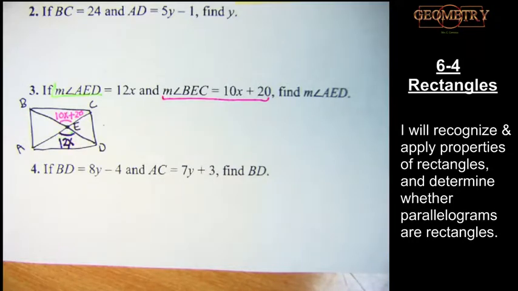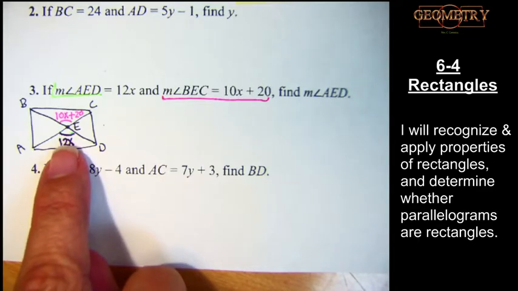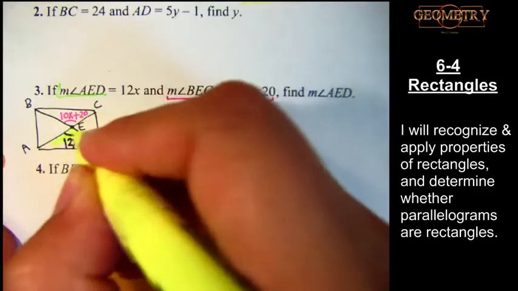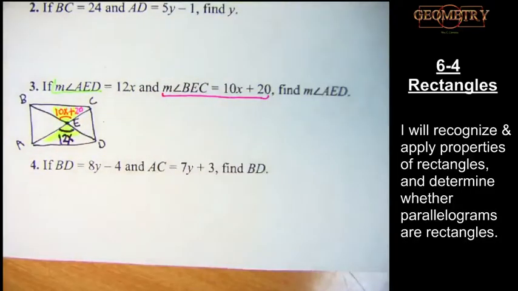And I'm being asked to find a measure. This measure, this angle. The definition of rectangle doesn't tell us anything on what to do with these angles, right? It doesn't have anything for us. But doesn't this look a little bit familiar when you color in angles that way?